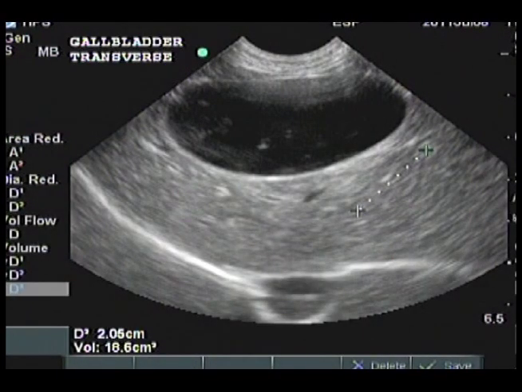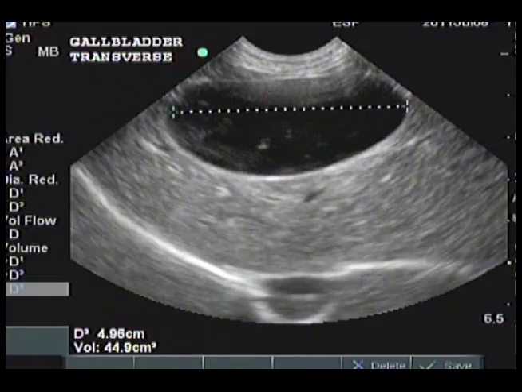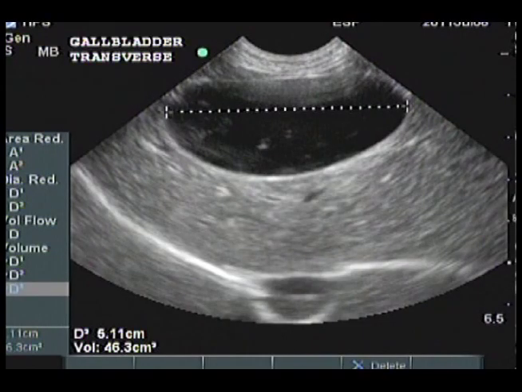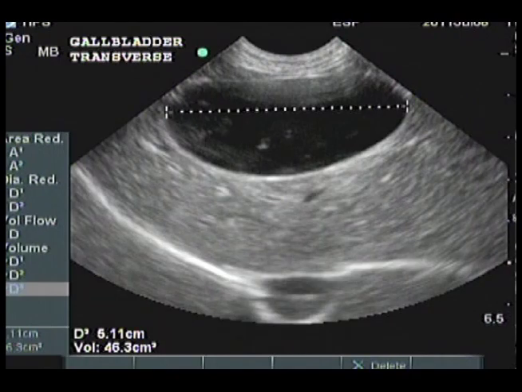As a general guideline, gallbladder volume in milliliters or cubic centimeters is equal to the animal's body weight in kilograms. This cocker weighs 15 kilograms. We expect about 15 milliliters of bile. Measurement shows 46 milliliters, indicating an overfilled gallbladder.